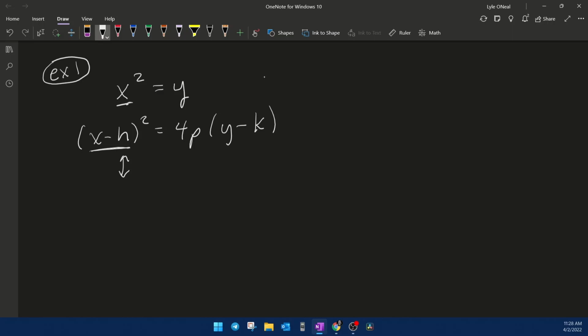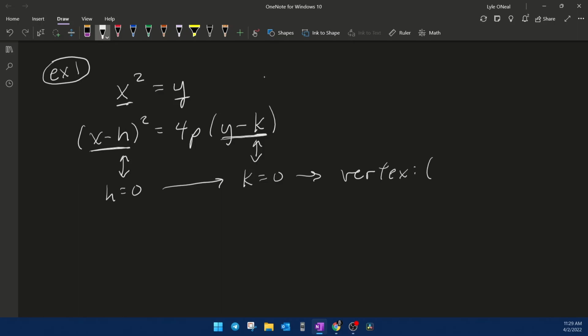Well, that would indicate that h would have to be 0 because x minus 0 is just x. And what would k have to be for this set of parentheses to simplify to only y? And that answer is also 0 because y minus 0 is just y. And I don't know if you noticed, but once I know h and k, I can get the vertex.